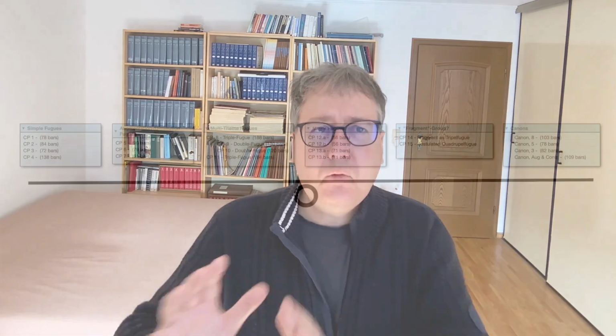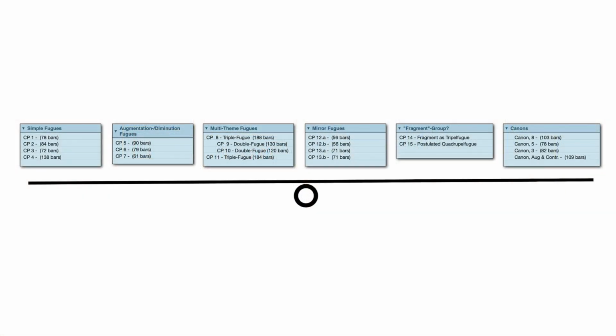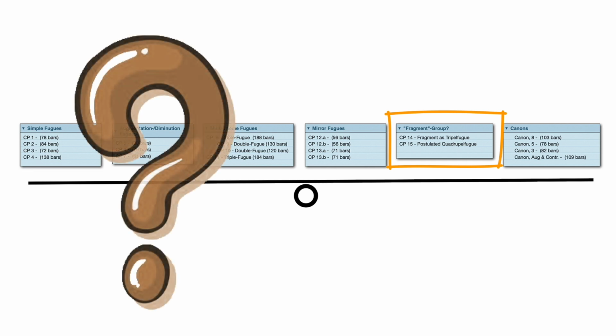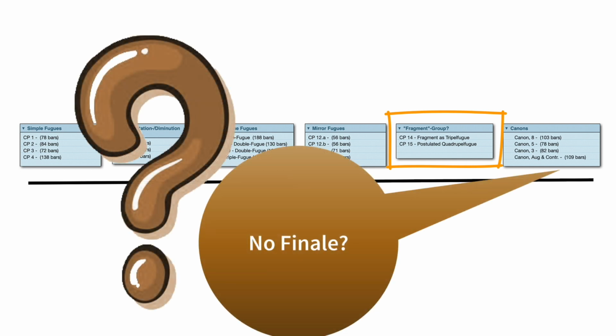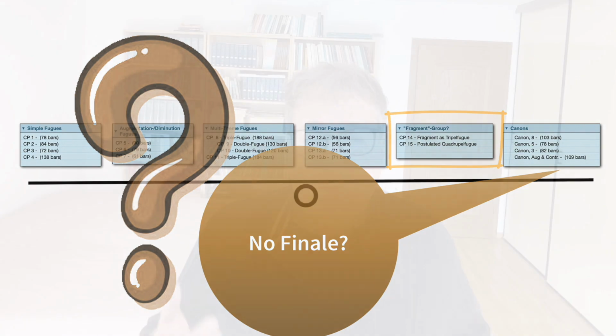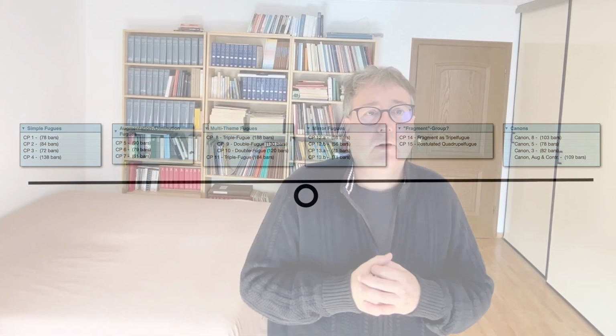So this group of the fragment and the postulated last fugue has its place before the canon group, but on this level Butler helps out. If the canons are last, we have no finale. And now referring to Butler, there is simply no room for more than 50 additional bars, the 6 empty pages.